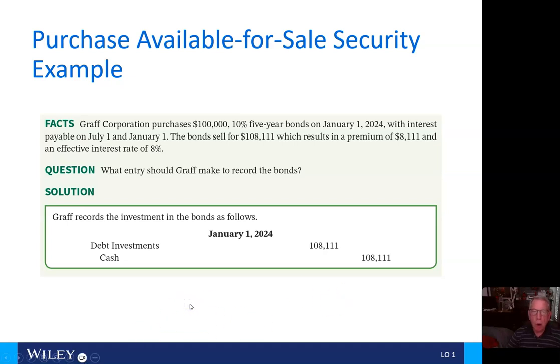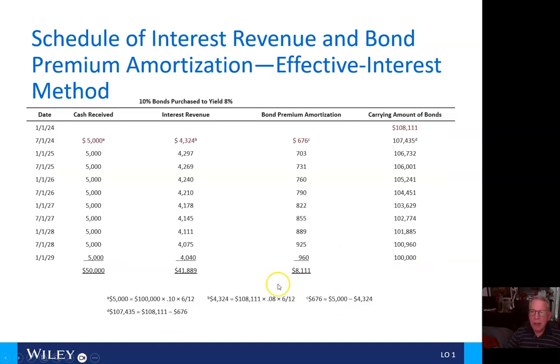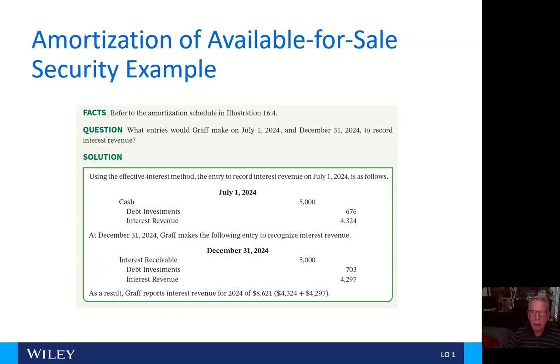Now, if we move on, here is the amortization table. We calculate that the same way, except that in this case, it's a gain. So when we do our carrying amount, you can see here that the carrying amount decreases over the maturity life of the bond to $100,000. Okay, calculated the same way.